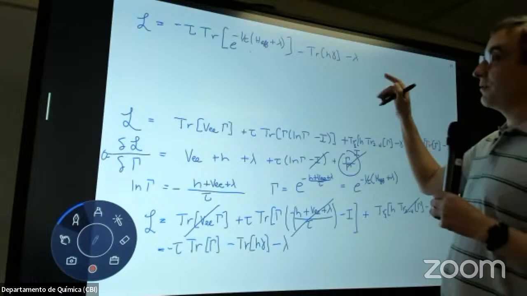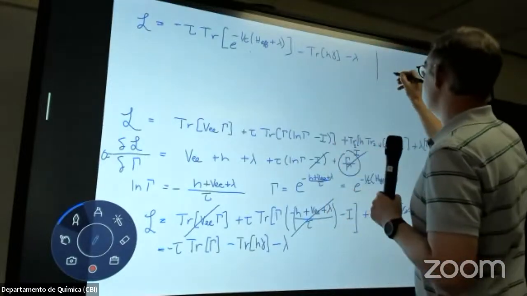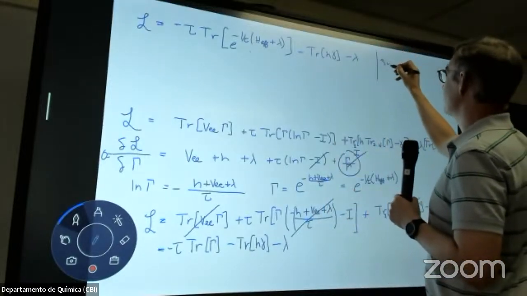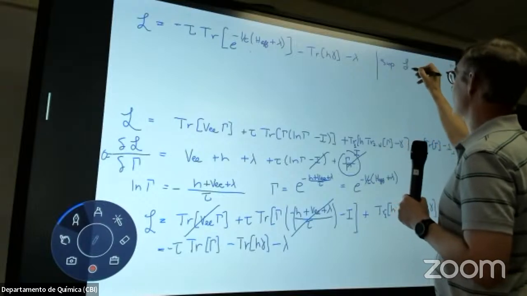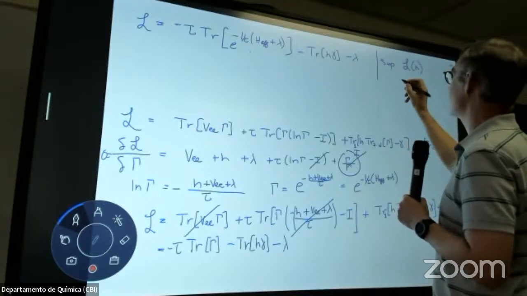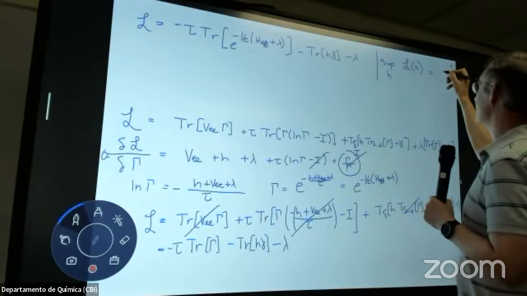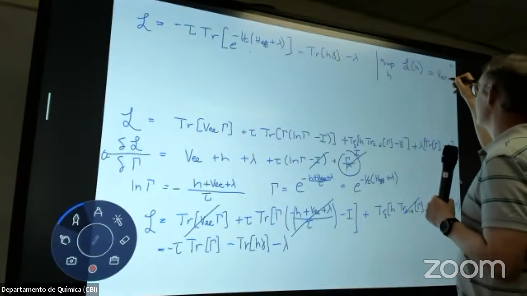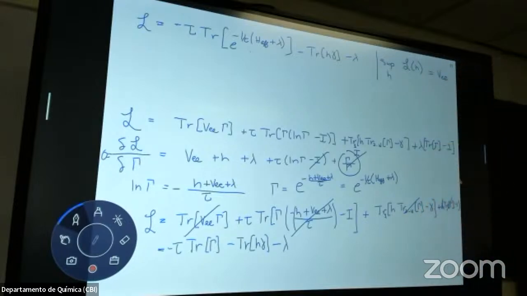And the thing that we're going to want to do now is take the supremum of this Lagrangian, which depends on h, and that is going to be equal to our electron energy, right? So this is the nature of it: we just wrote the dual functional. So we went from the primal problem, and now we've written the dual problem. And I did not prove that there was no duality gap, but then the maximum of the dual problem is the same as the minimum of the primal problem.